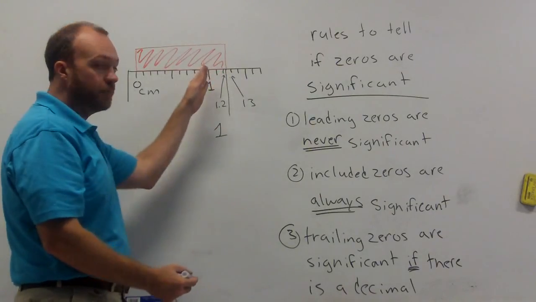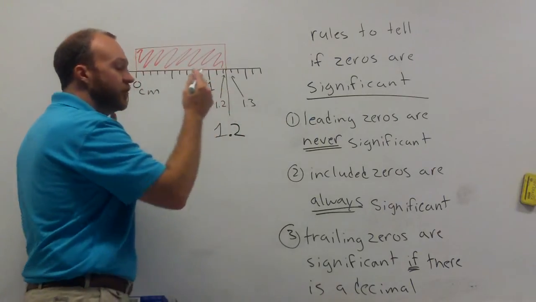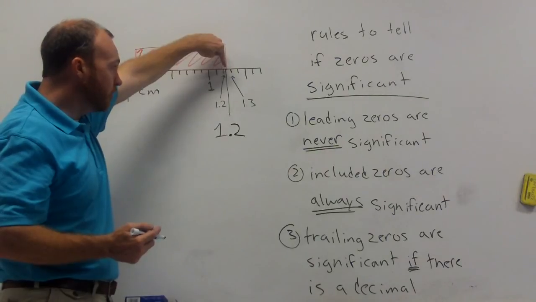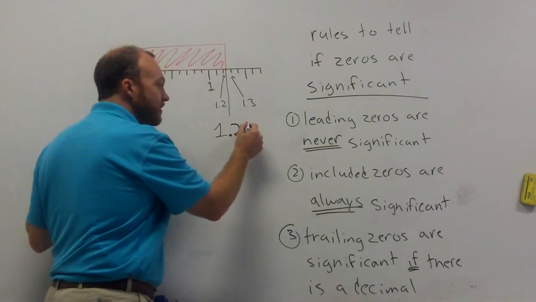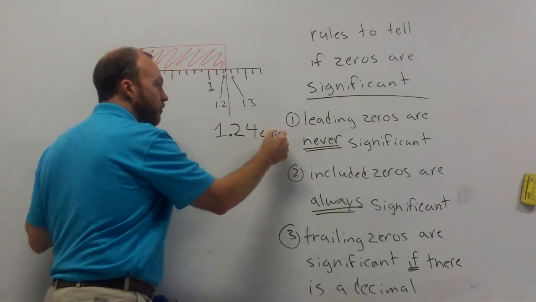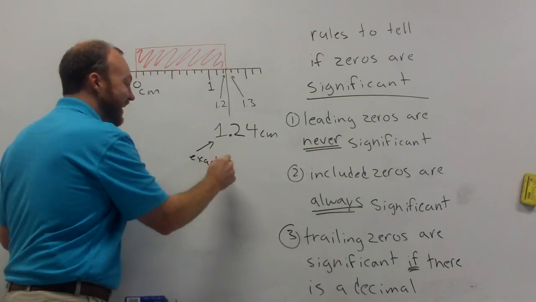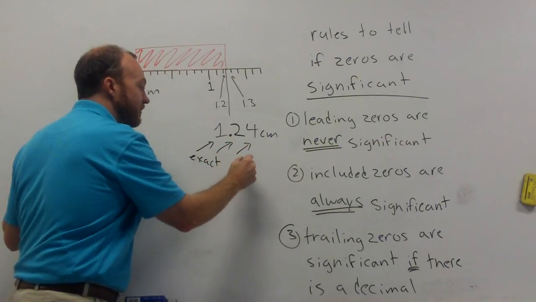We know for sure it's between 1.2 and 1.3, so we know for sure it's 1.2 something. Now, we can also tell that it's a little bit closer to 1.2 than 1.3, so we estimated that this was 1.24 centimeters. So remember, this one is exact, this one is exact, and this one is a good estimate.